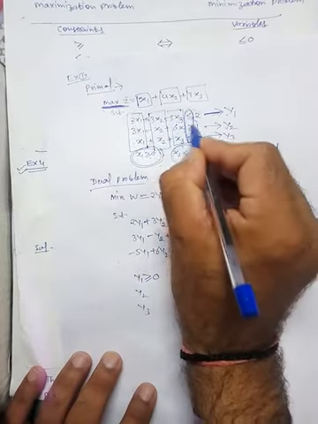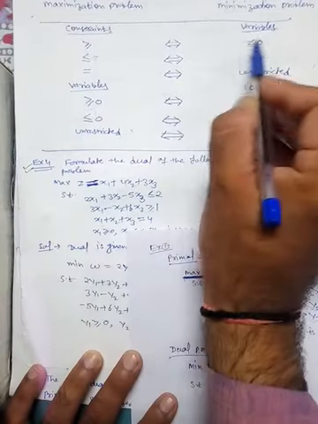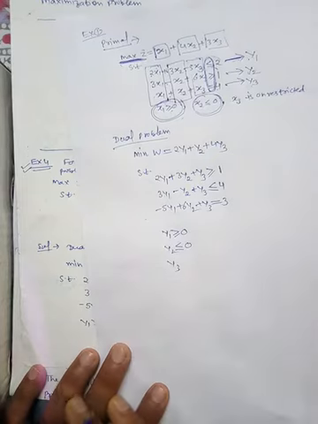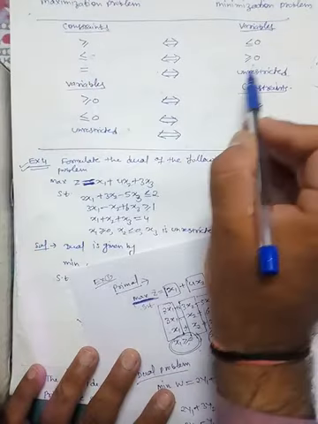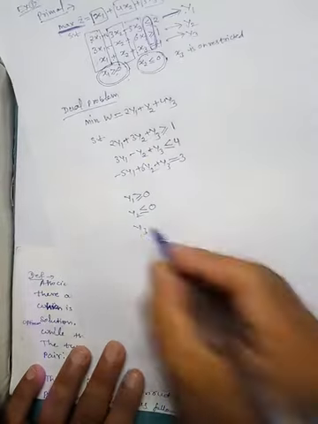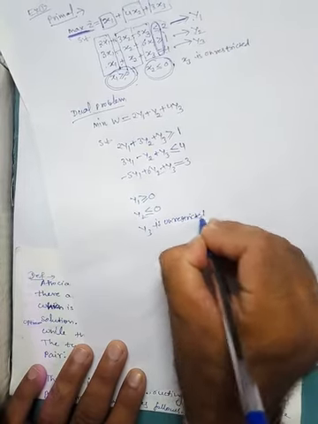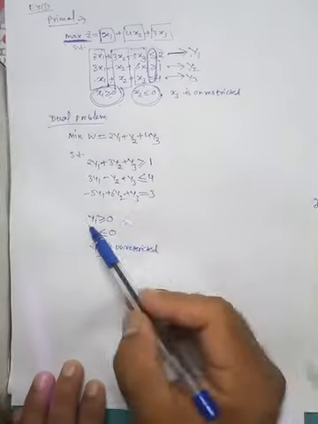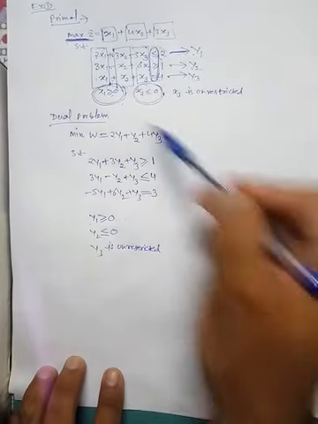Similarly the second constraint is greater than type, so the associated variable should be less than 0, so that's why y2 should be less than or equal to 0. Now the third is equality type, so the associated variable should be unrestricted, hence y3 is unrestricted. Okay, so y1 is greater than or equal to 0, y2 is less than or equal to 0, y3 is unrestricted. This is the dual problem.